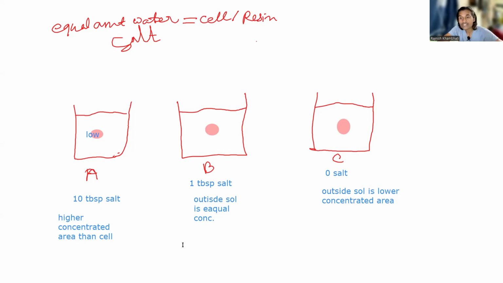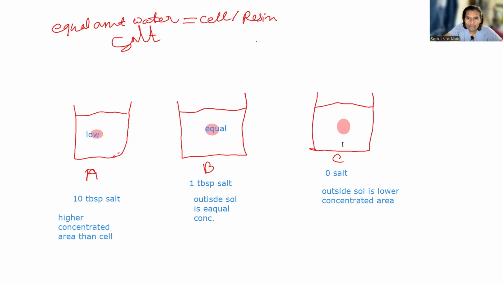Number 2, in glass B, there is 1 tablespoon of salt in the outside solution. When we compare with the cell, it becomes kind of equal concentration. And in glass C, the outside solution has no salt, but inside the grape there is obviously some salt.